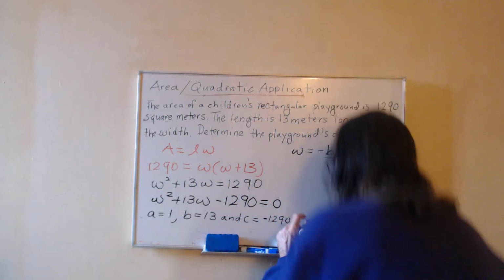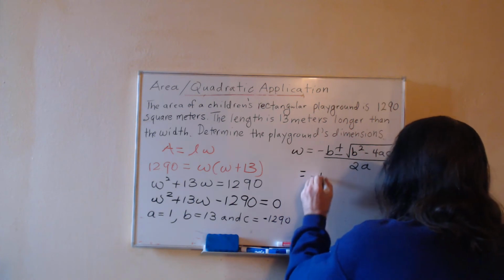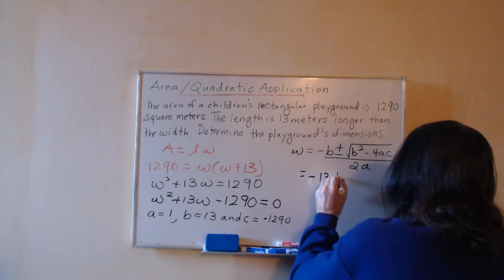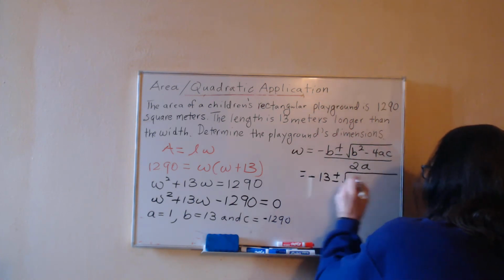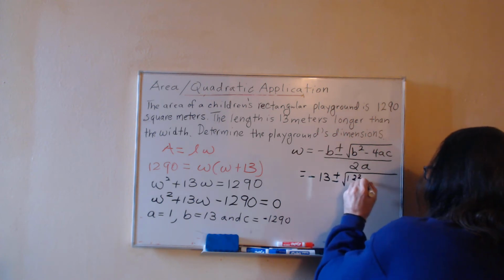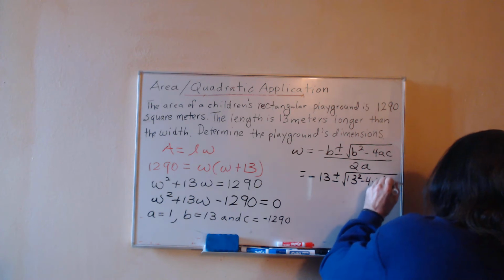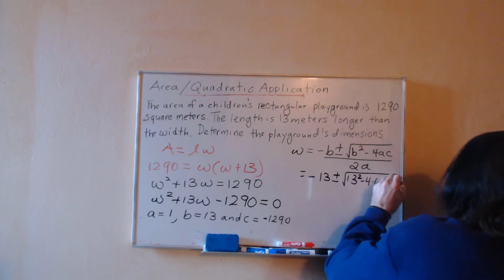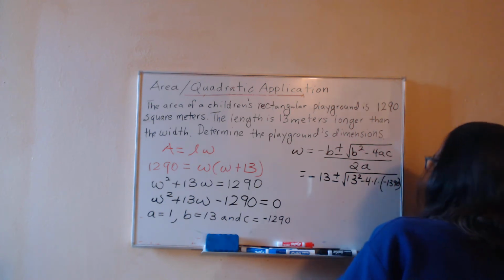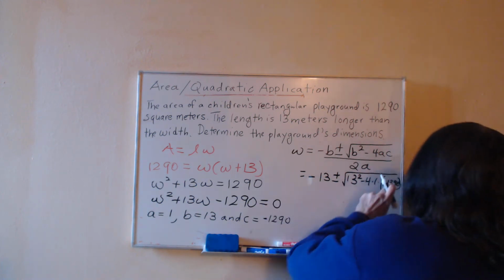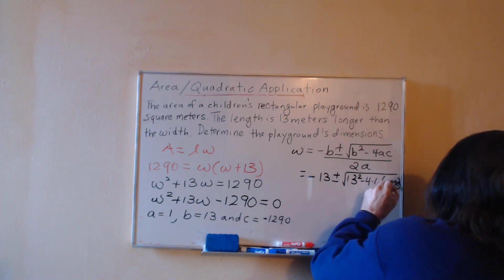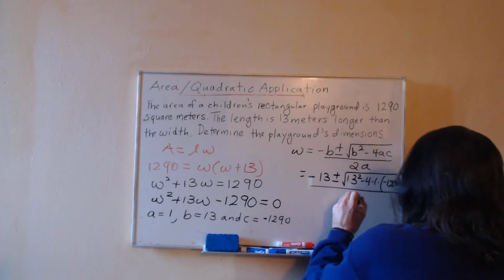And so we've got negative 13 plus or minus the square root of 13 squared minus 4 times A times negative 1290, sorry about that, all over 2 times A, 2 times 1.